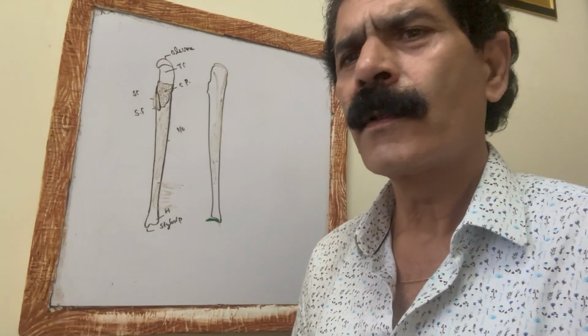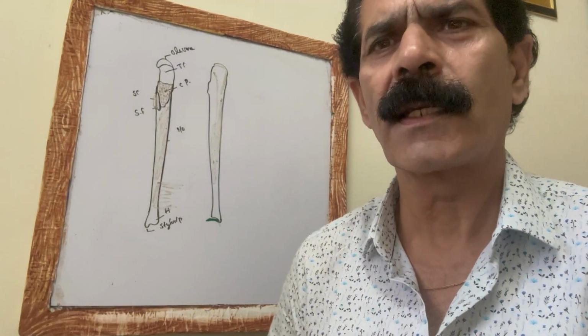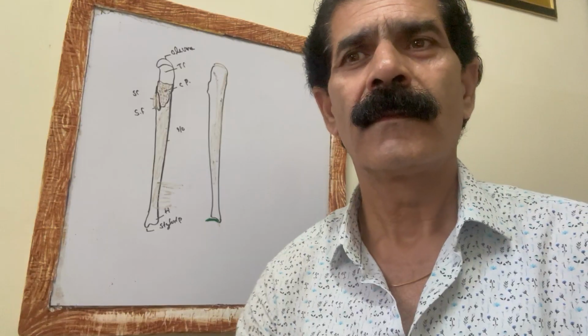So that is the styloid process attachment. A fracture of the ulna is usually not single but occurs together with the radius. That is called the Monteggia fracture.